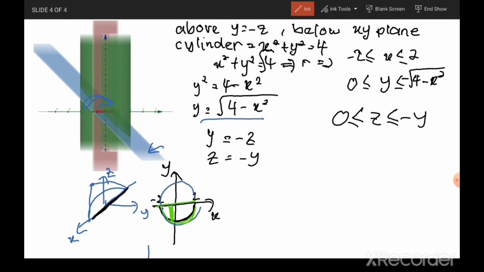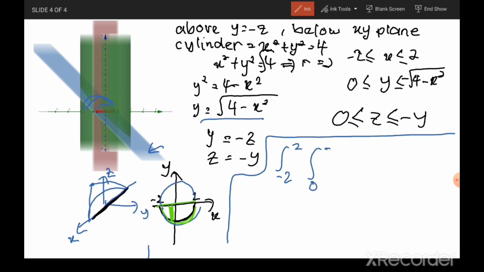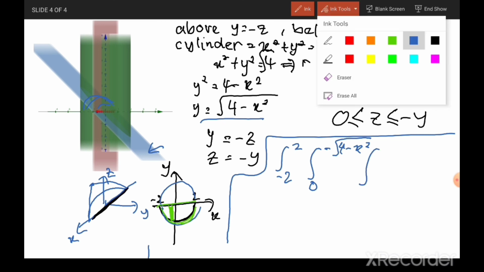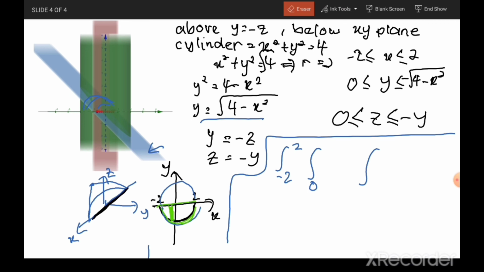That is the intervals for x, y, z. Then we write the integration: x between negative 2 until 2, y between 0 until the square root, and z between 0 until negative y.